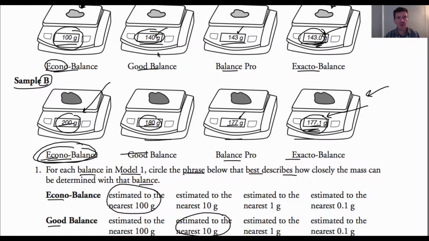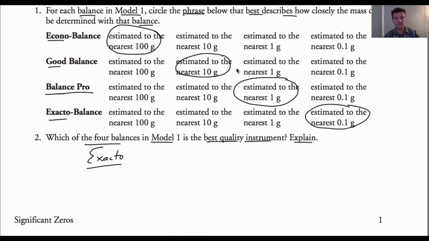It's not actually part of your measurement for this balance. It's the 4 that is the estimated digit in this case. That 0 is just there to push the 1 and the 4 to the correct location to make it 140. But the 0 in this measurement is not significant. It is not a sig fig, as we say. But here, this 0 is. That 0 is part of the significant figures. So that's the difference between those two balances.